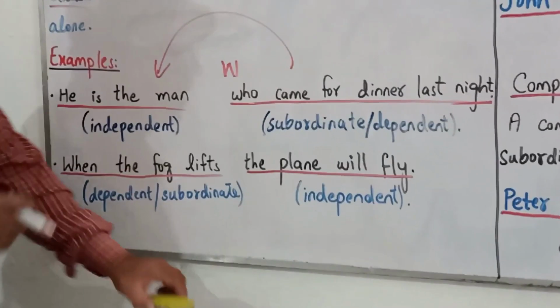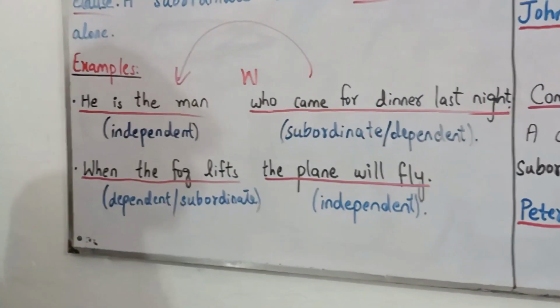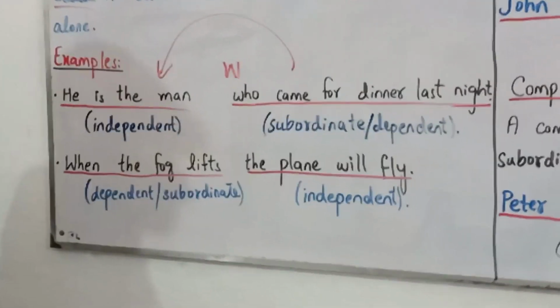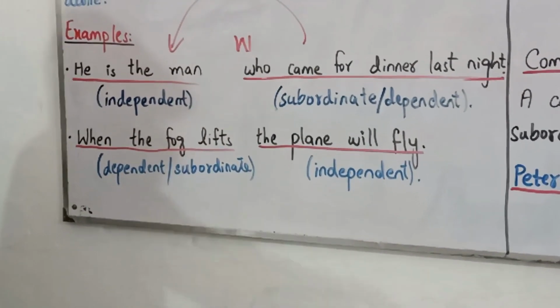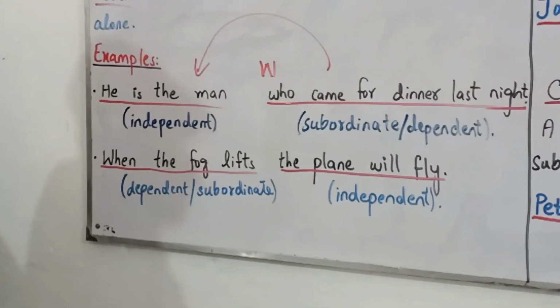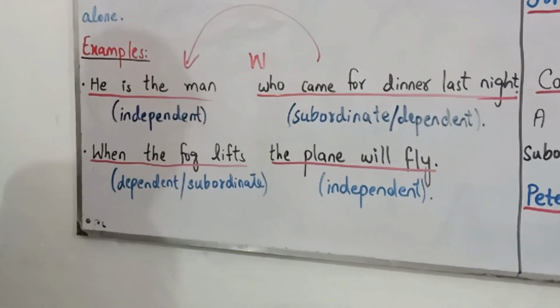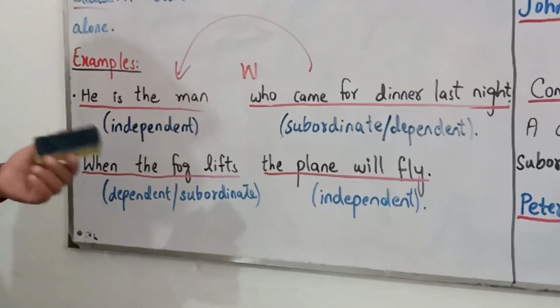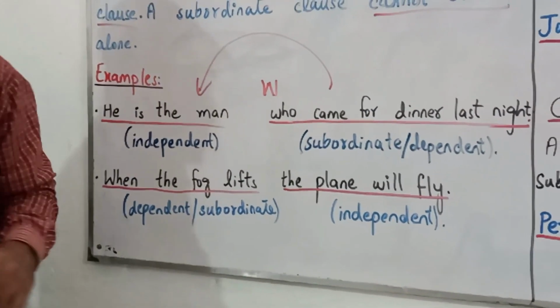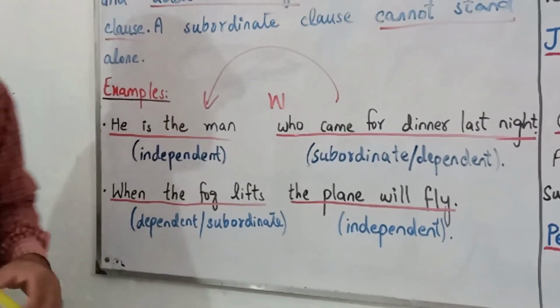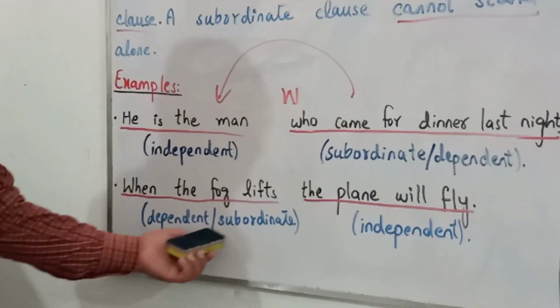Next one, when the fog lifts. In winter season, especially in December, with the fog, visibility is lowered, minimum visibility is there. You cannot see the objects in the air. You see, dependent, subordinate.